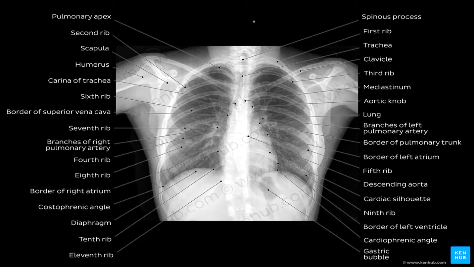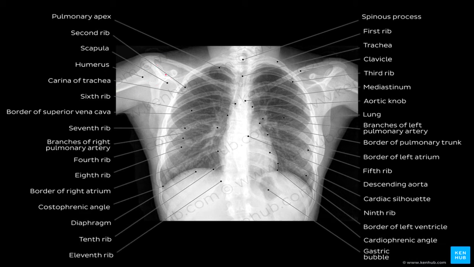Here we see a normal X-ray image of the lungs, of the chest. We see the backbone, spinous processes, transverse processes of the vertebrae. We see the ribs, clavicle, humerus.